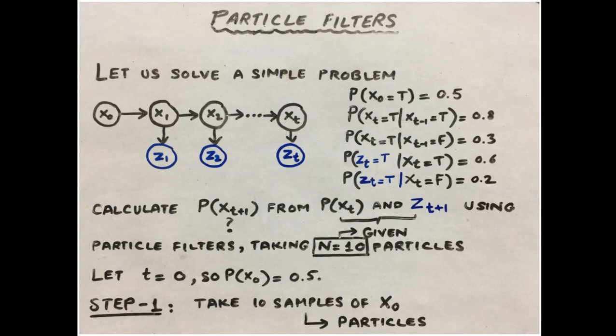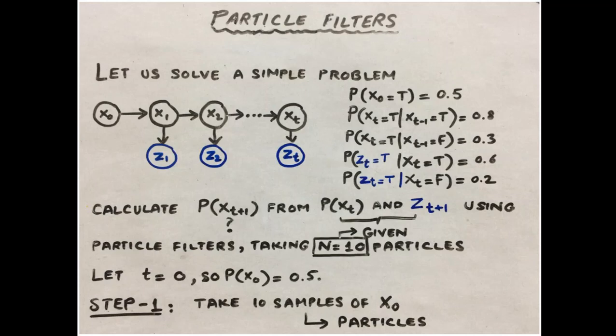I hope students are familiar with the diagram and all the exercises that we did before the midterm. If you need to refresh, I would strongly encourage you to brush up on your knowledge of Bayesian networks. Just to summarize, in this case we have just one state variable, x, and the subscript indicates the time index.